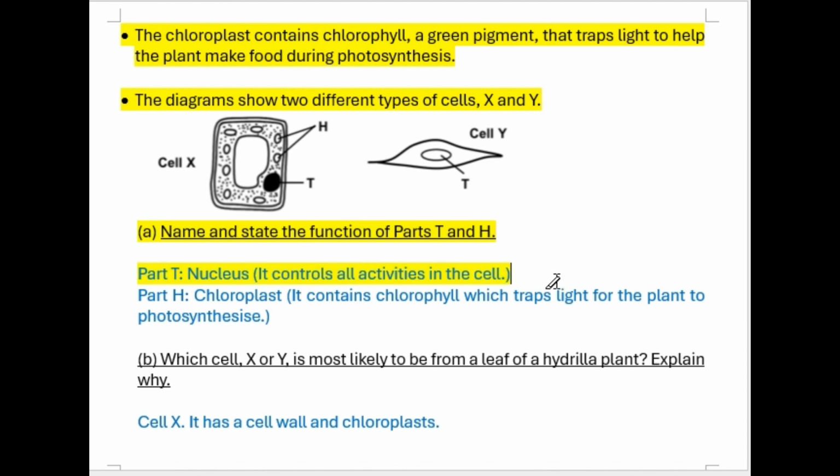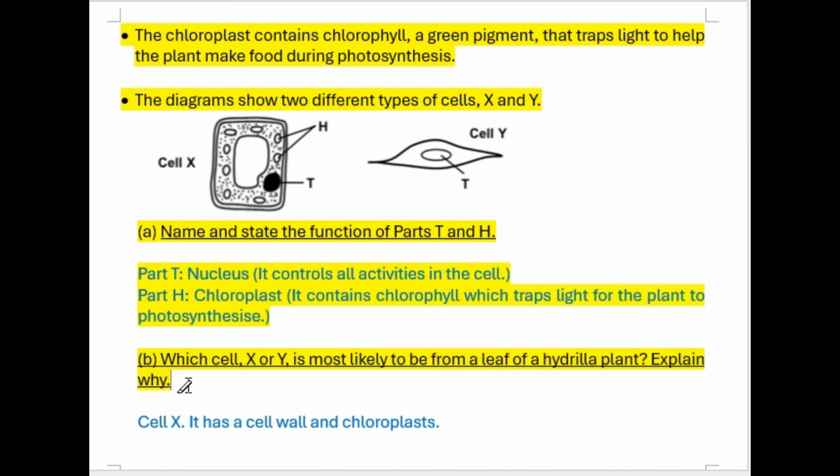It controls all activities in the cell. Part H, chloroplast. It contains chlorophyll, which traps light for the plant to photosynthesize.